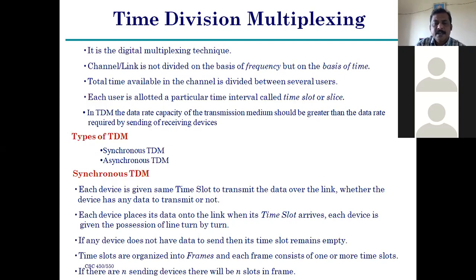All users must use a particular time slot, meaning a slot must be allocated to each and every one for access. Whether the user uses it or not depends upon user accessibility. But in synchronous time division multiplexing, each and every user must have a slot. That slot is also known as an empty slot or filled slot, right?